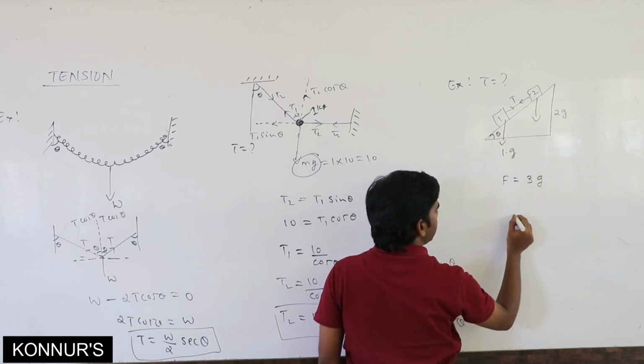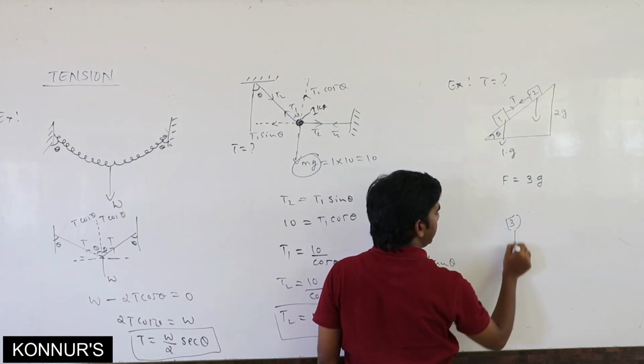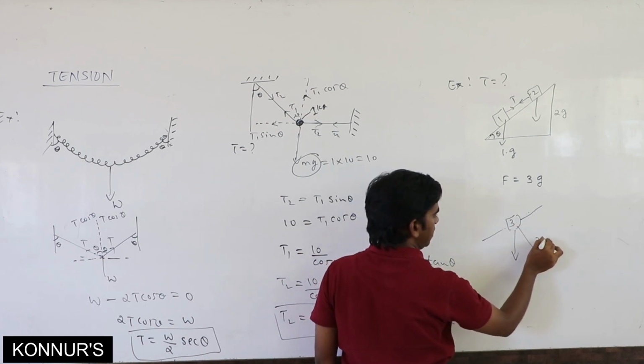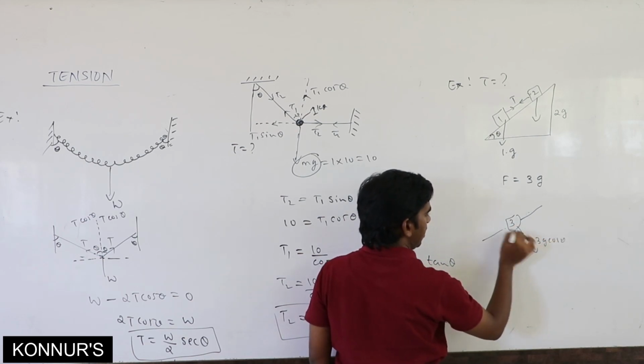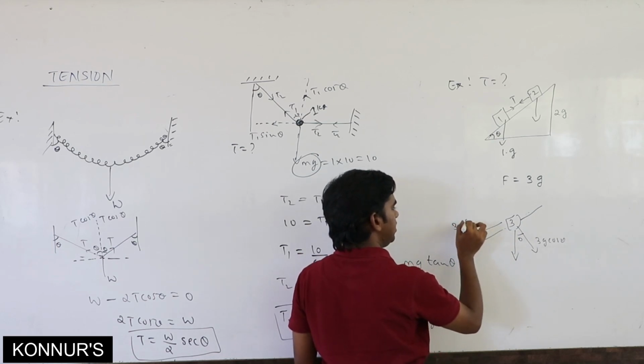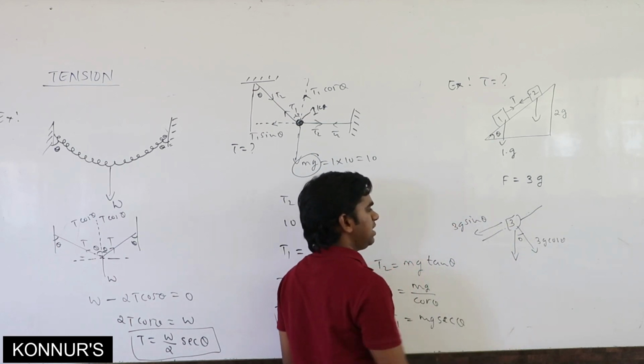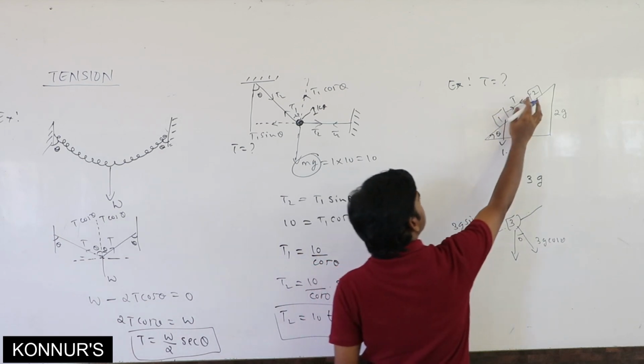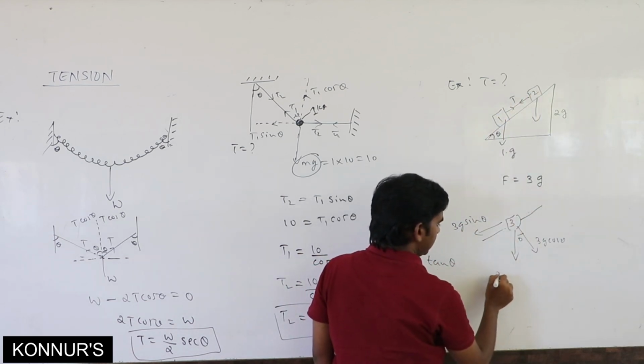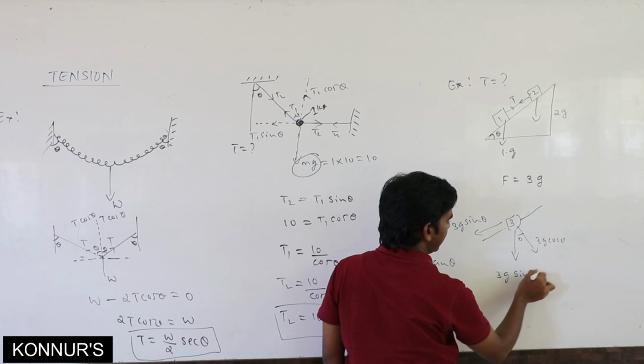If you take this as a whole system, 3 kg, this is 3g cos theta, and this is 3g sin theta. So what is the net force acting on the system? It is 3g sin theta.